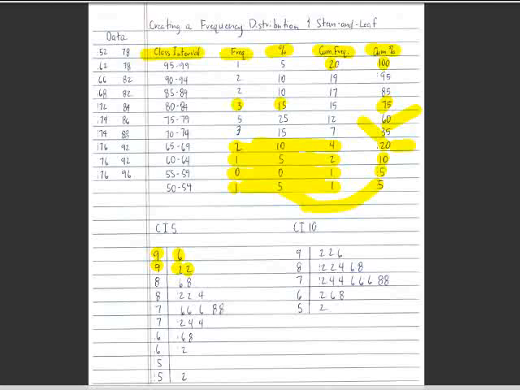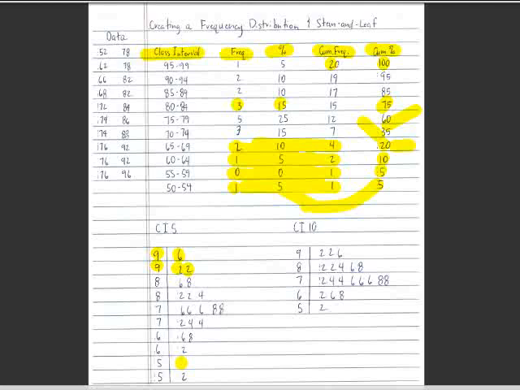We're going to jump down and notice that there's nothing in the 55 to 59 class interval, but you don't put a 0 there, because if you put a 0 there, that would indicate that someone scored a 50. So if there's not a score represented in a class interval, you simply leave it blank. One of the nice things about stem and leaf plots is you can quickly tell lots of information about it.